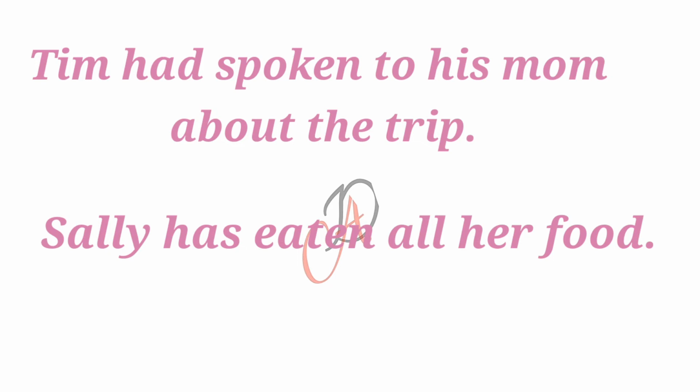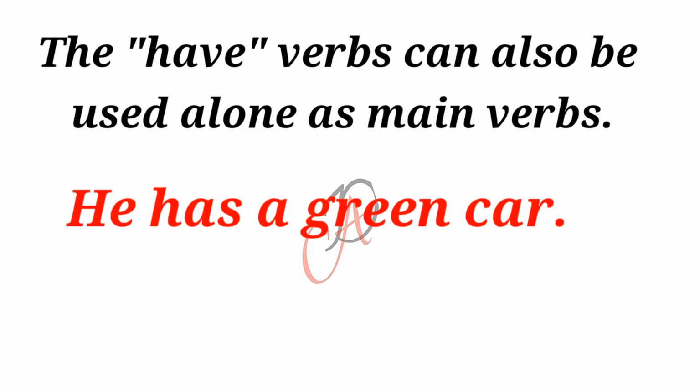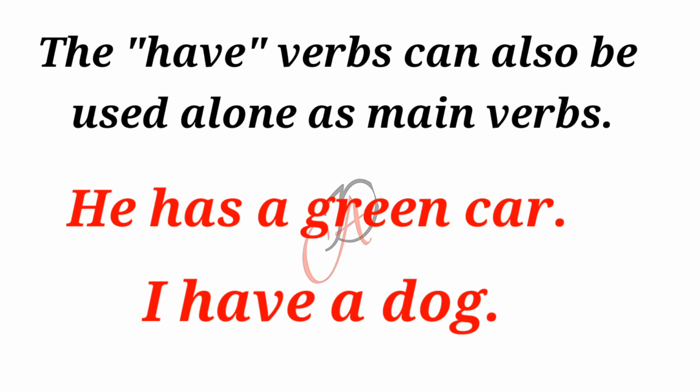perfect form. And the have forms can also be used alone as main verbs, like he has a green car. The second one, I have a dog. In both the examples, we are using has and have as a main verb instead of a helping verb.